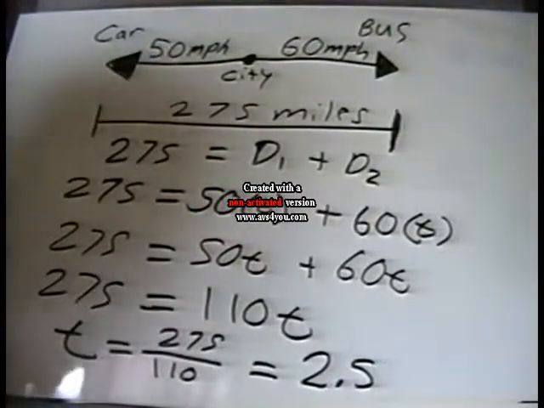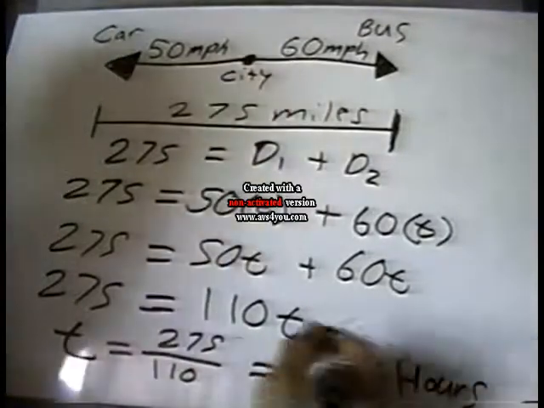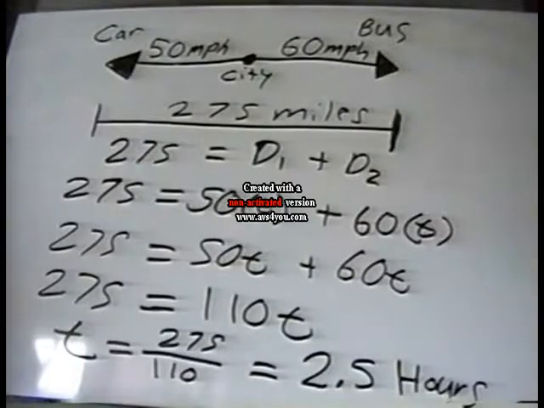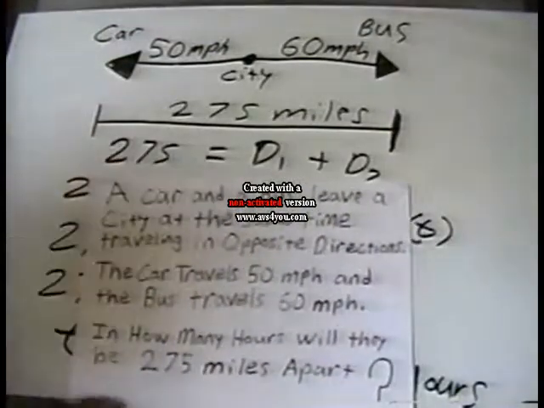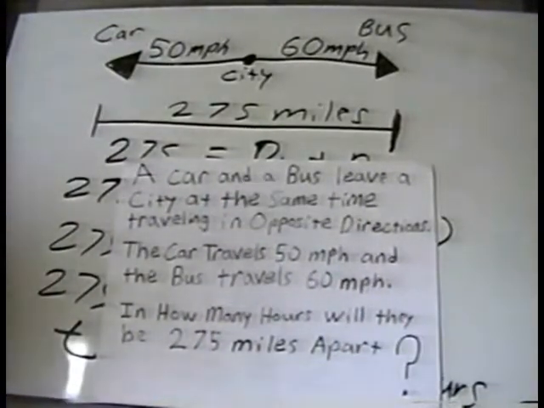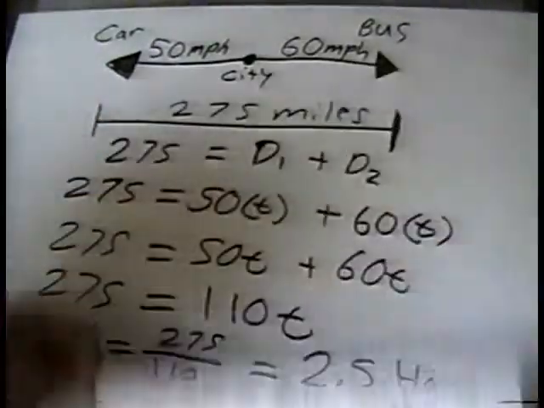Okay, so now we divide both sides by 110. So t equals 275 over 110. 275 divided by 110 is 2.5, or 2.5 hours. 2.5 hours, and that's our answer.